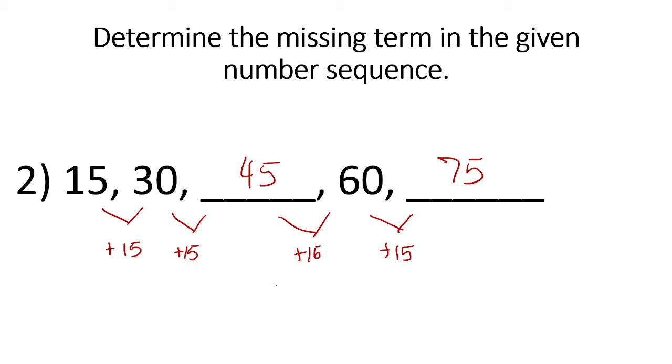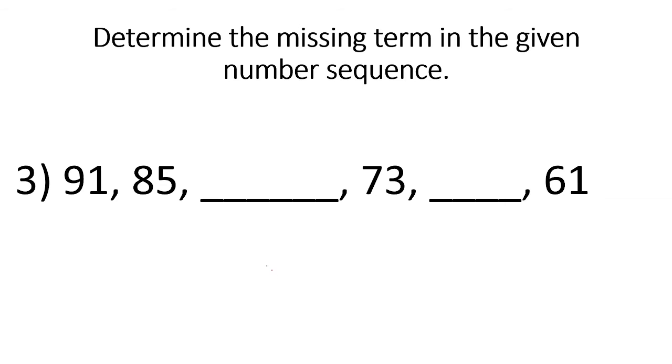Next number, number 3. Okay, so we have 91 and 85. Mapapansin natin, pababa siya, di ba? 91, 85, tapos 73, meron tayong 61.